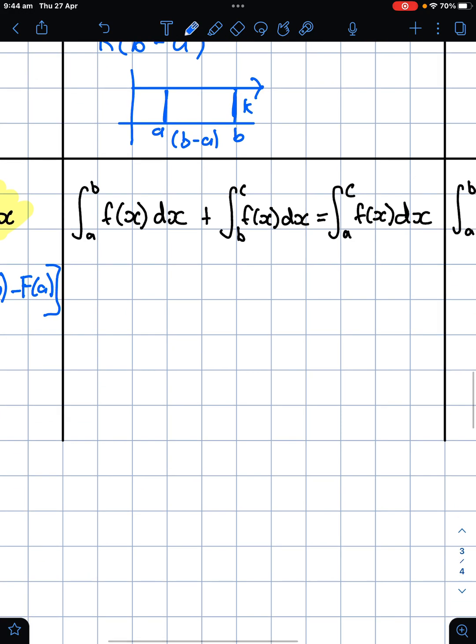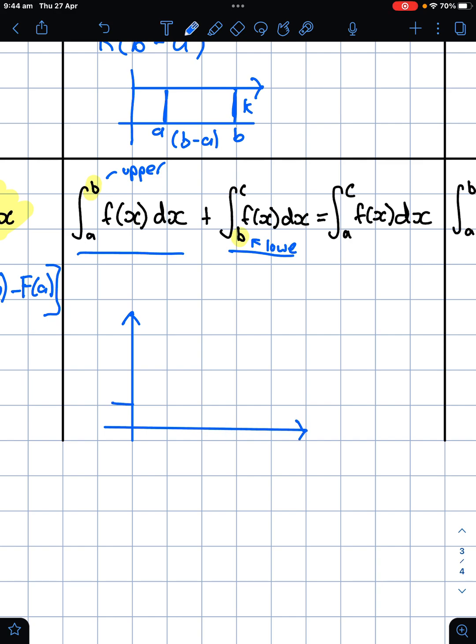Now, this next one here, you notice we've got these two separate integrals, but the upper bound of one is the lower bound of the other one. So that's the upper, and that's the lower. Now, if I was to draw this, I'm just going to do a rough drawing.